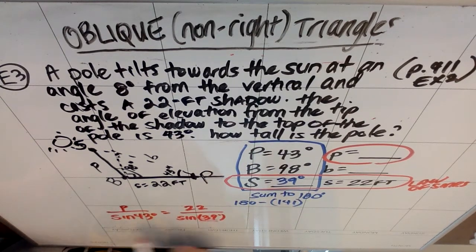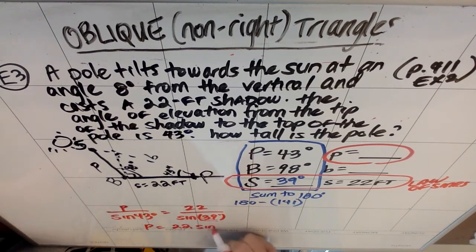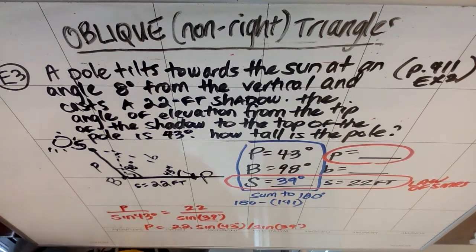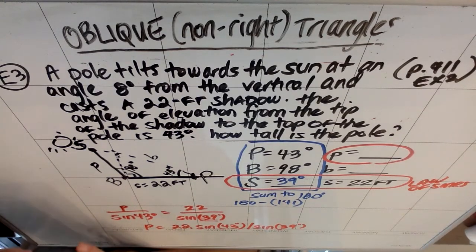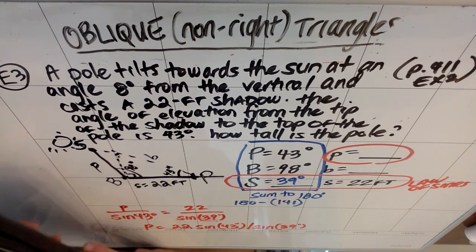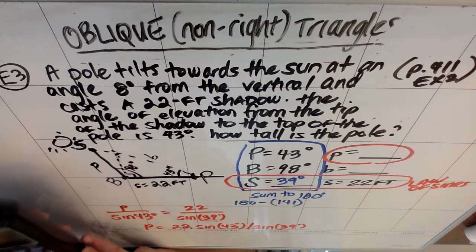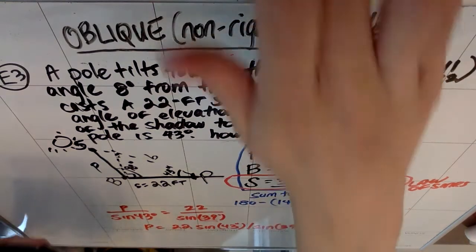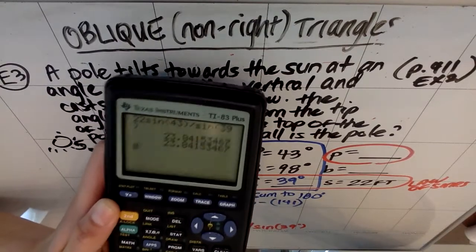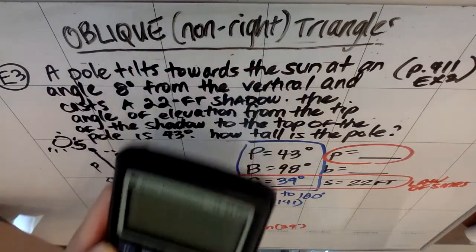So when I multiply that sine of 43 over, I get that p is 22 times the sine of 43 degrees divided by the sine of 39 degrees. Again, in your calculator, you don't need the degree symbol because your calculator's whole job is to be in degree mode in these situations. So I'm going to type in 22 sine of 43 divided by sine of 39, and when I do that, I get 23.841 or 842.